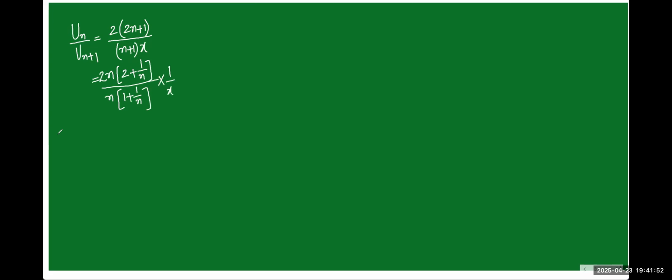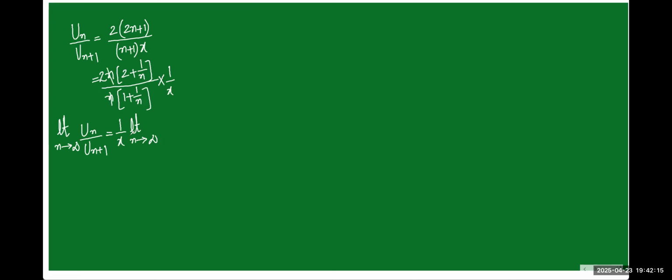Now apply the limit. Limit n tends to infinity, un by un plus 1, which is equal to 1 by x is a constant term. We can pull it out of the limit or you can keep it there also, no problem. First cancelling these two terms.